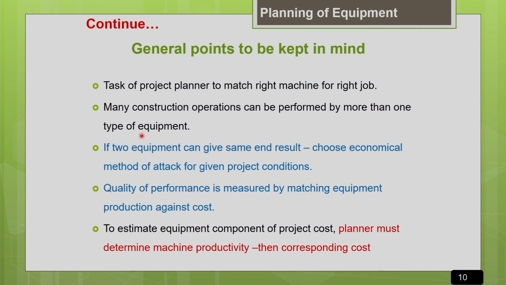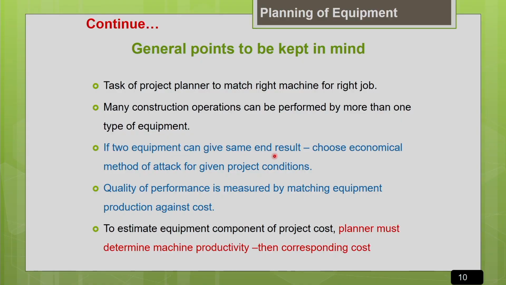As I told you in the beginning of this lecture, we should go for the economical method of attack. If two equipments can give you the same end result, choose the economical method of attack for the given project conditions. The project conditions also should be taken into consideration while selecting the equipment, not only economics.